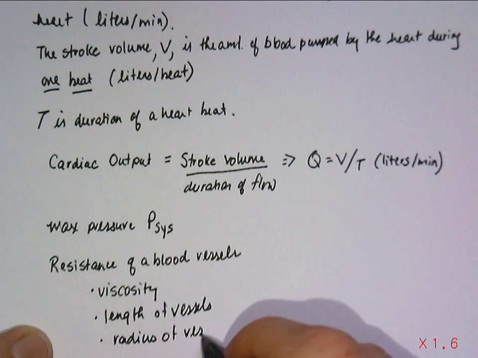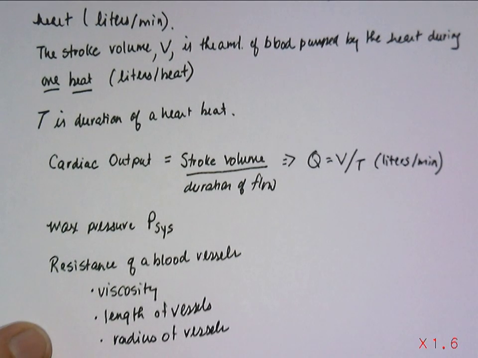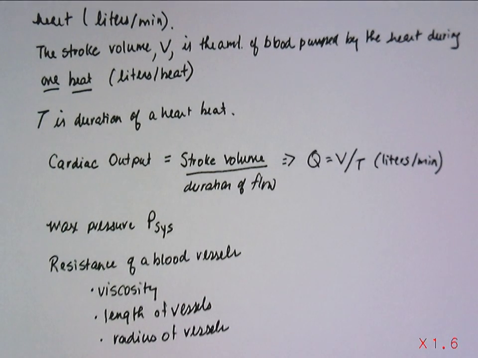So that affects how well your blood can flow through your arteries. The thickness of the blood itself, how far it's got to travel, and the size of the tube. In other words, the radius of the vessel.